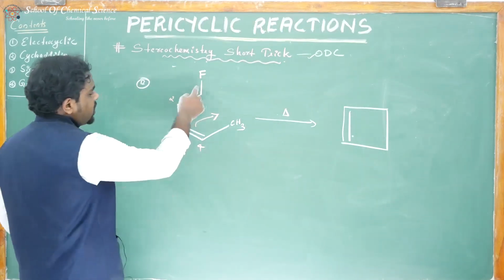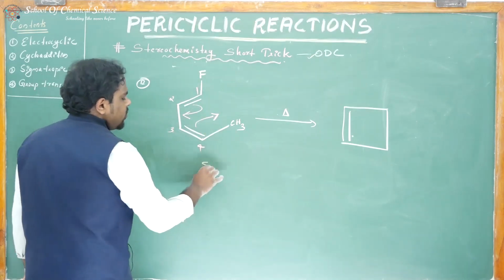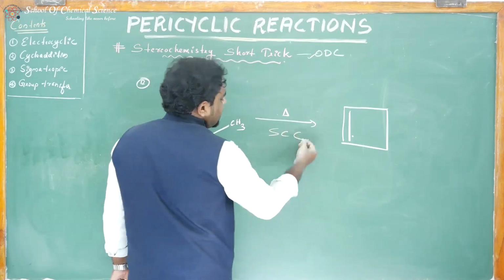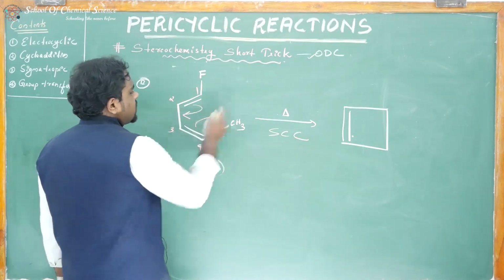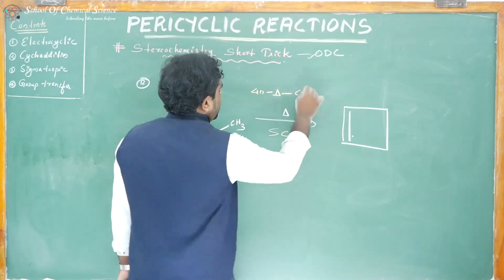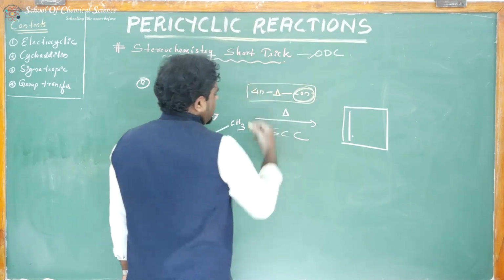Then what is the stereochemistry of this fluorine and CH3? One fluorine above, CH3 is also above. So the substituents are in the same direction, so you have to follow the SCC rule. The system is 4n thermal, so the rotation is conrotation.